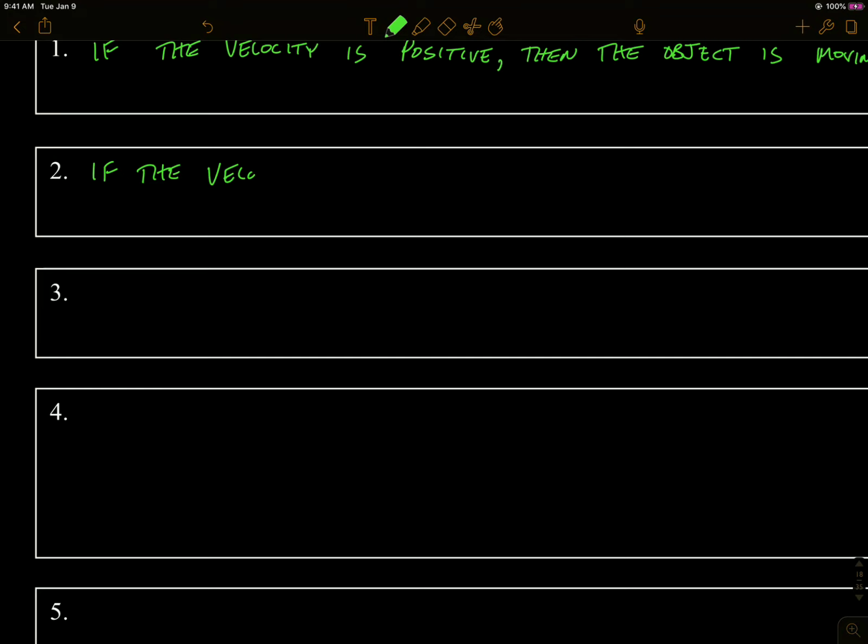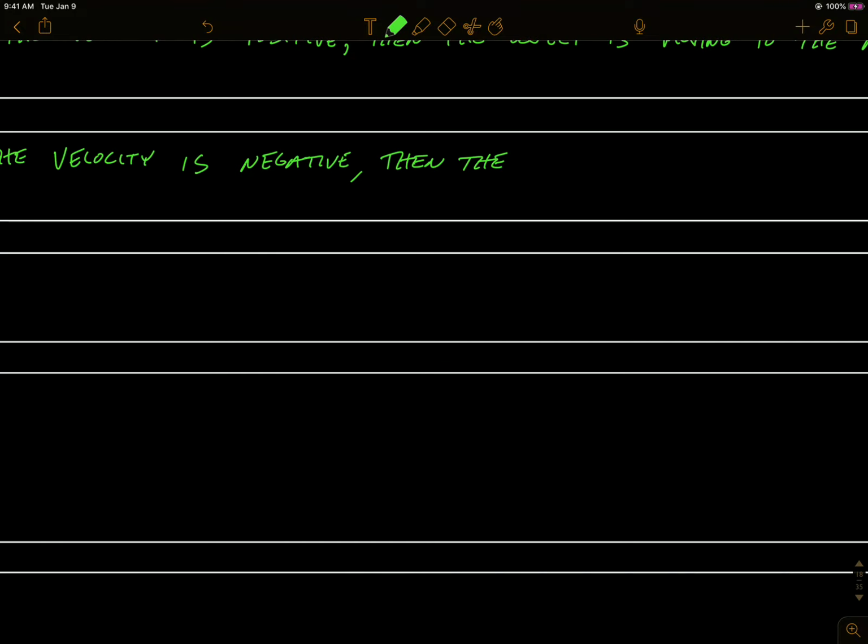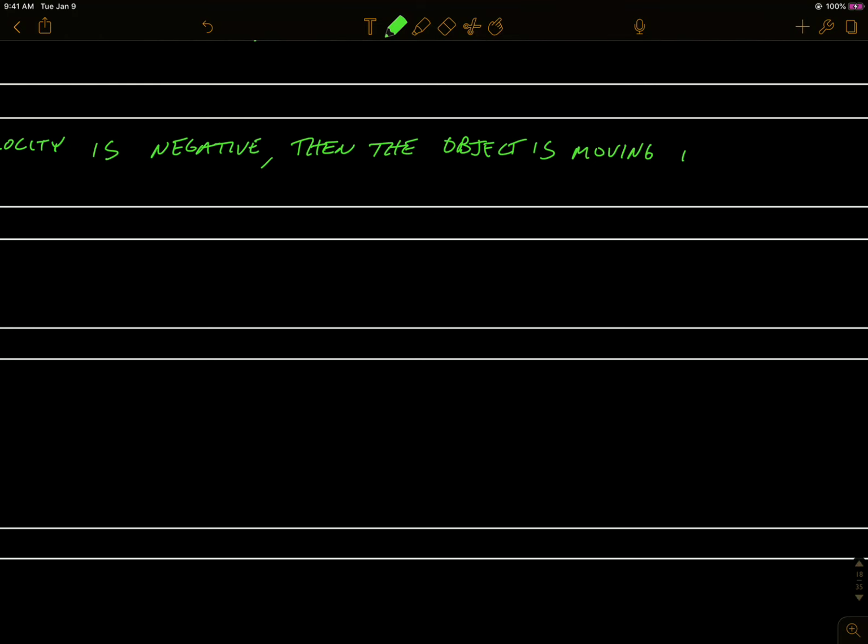If the velocity is negative, then the object is moving to the left.